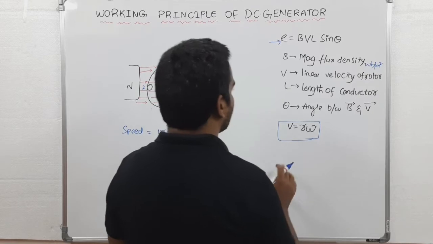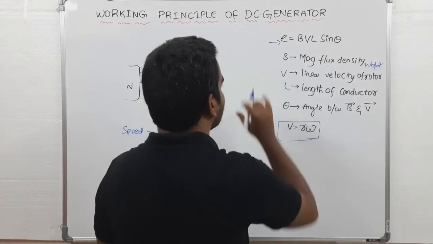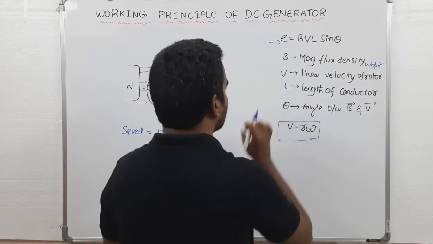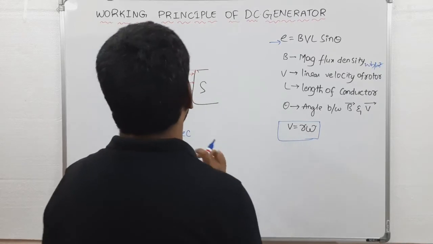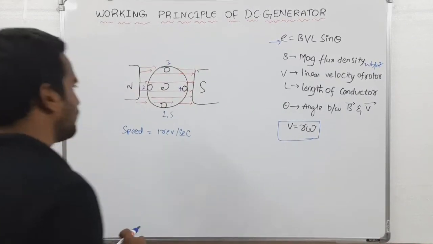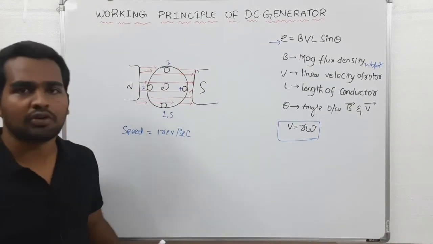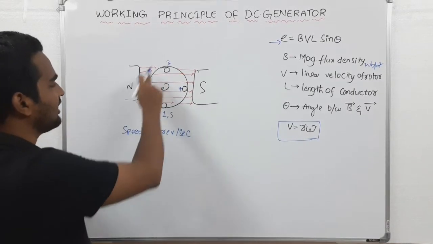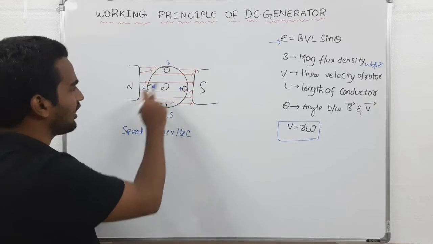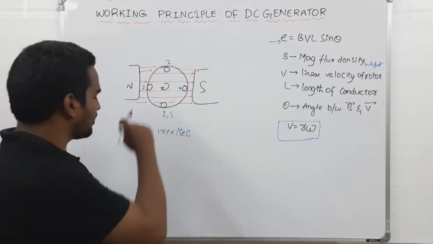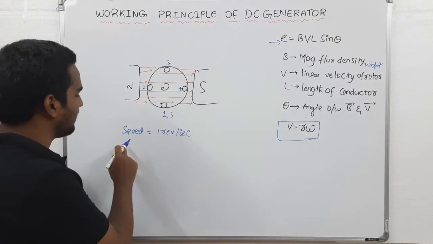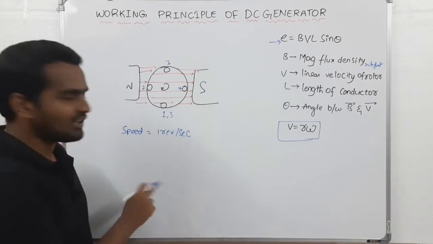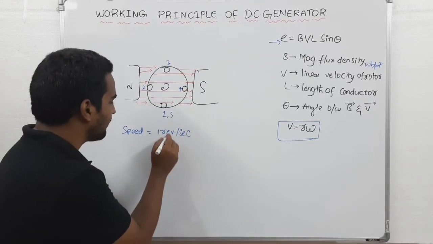Let us draw a simple waveform of generated EMF to understand what is happening in a DC generator. For that, I am going to consider a simple two-pole generator. These are the different positions of the conductor when it is rotating. Let us assume that the speed of the rotor is 1 revolution per second.